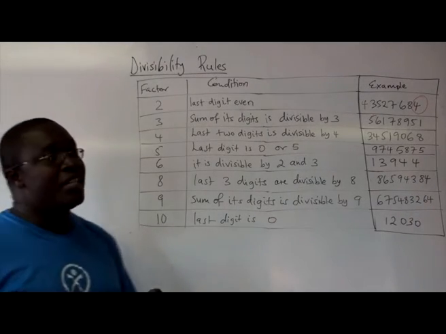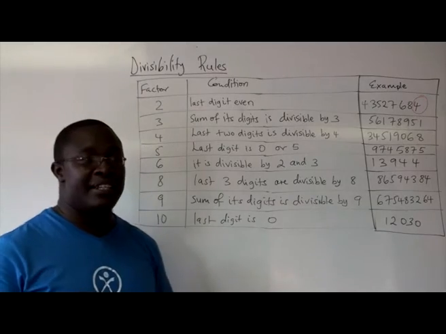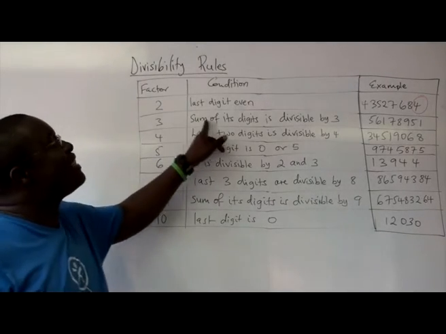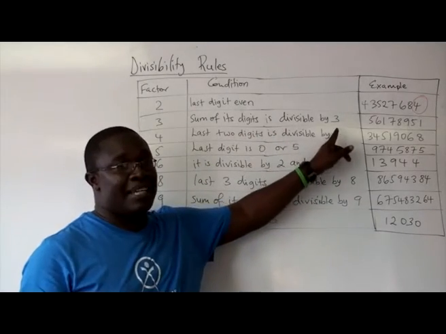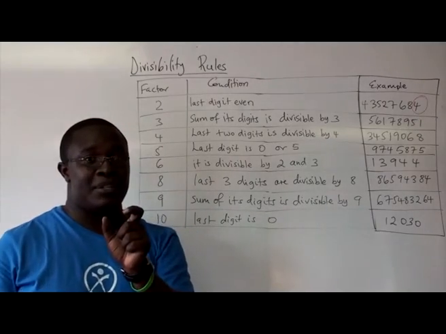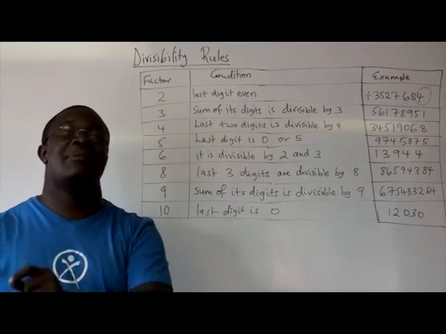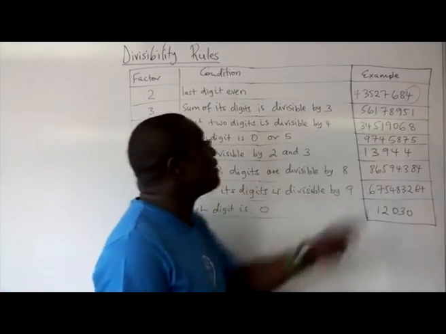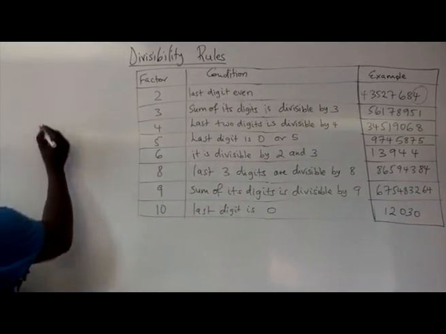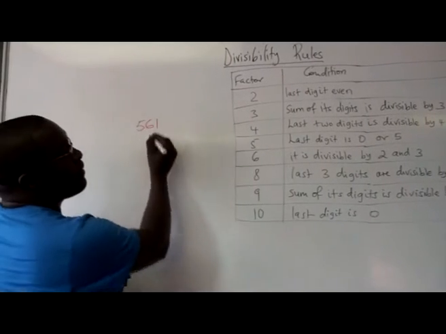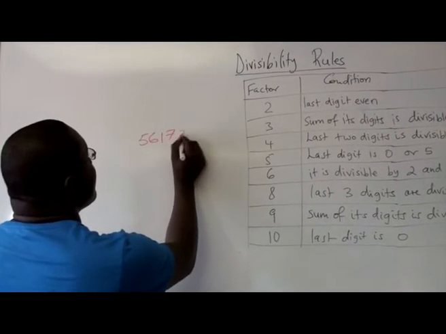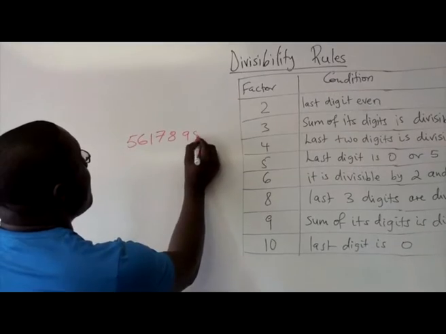Now, the next one, 3. If you want to know if a number is divisible by 3, it's just a matter of adding all the digits up, and then checking if the number that comes up is divisible by 3. Let's try with this one: 5, 6, 1, 7, 8, 9, 5, 1.